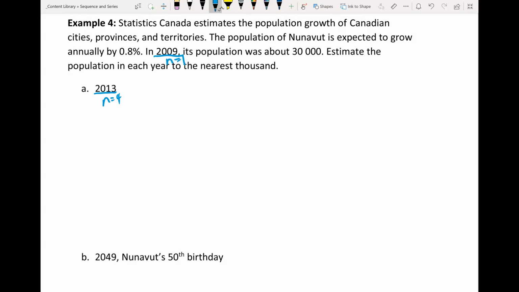It's 4 years after 2009. And the population associated with 2009 is 30,000 people. So this is actually our T1, the first term. And our terms are all going to be about population. So I'm going to rewrite this out. So we have T1 is equal to 30,000.